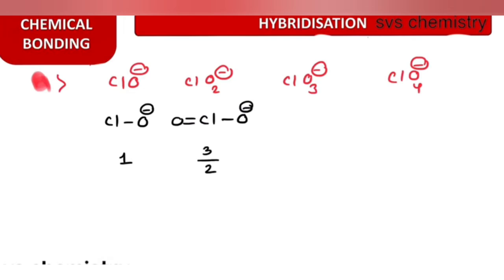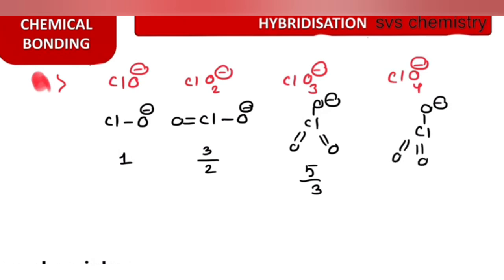In ClO2 minus, 3 bonds by 2. In chlorate, chlorine with a double bond, O, and O minus, 5 bonds by 3. In perchlorate, 7 by 4.